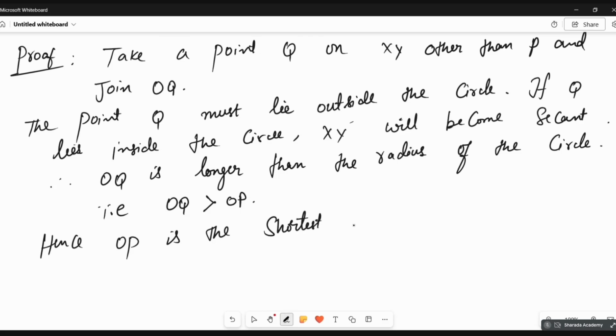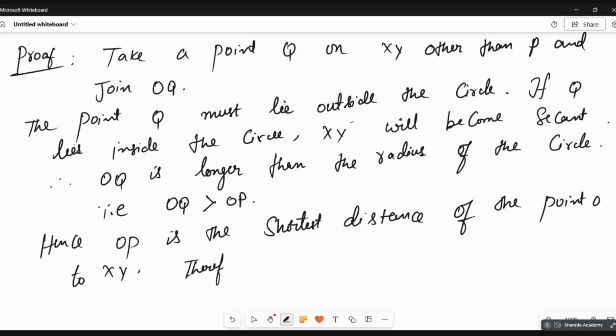OP is the shortest distance of the point O to XY. Therefore, OP is perpendicular to XY.